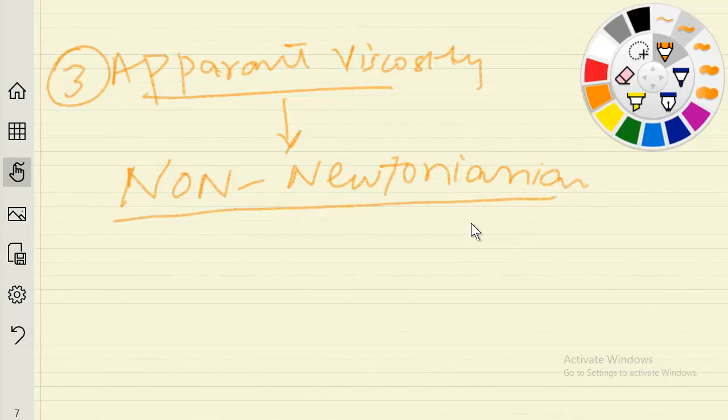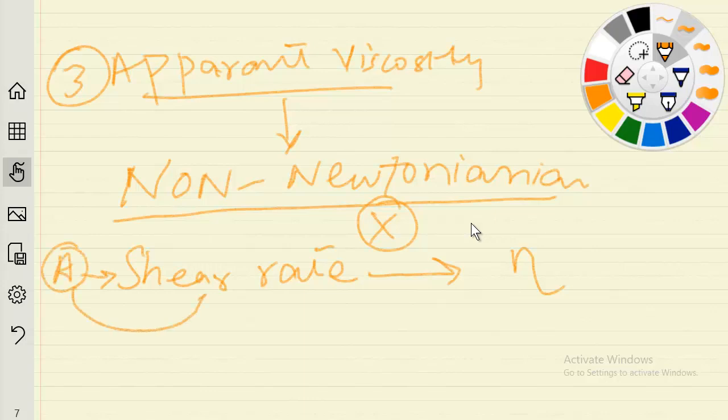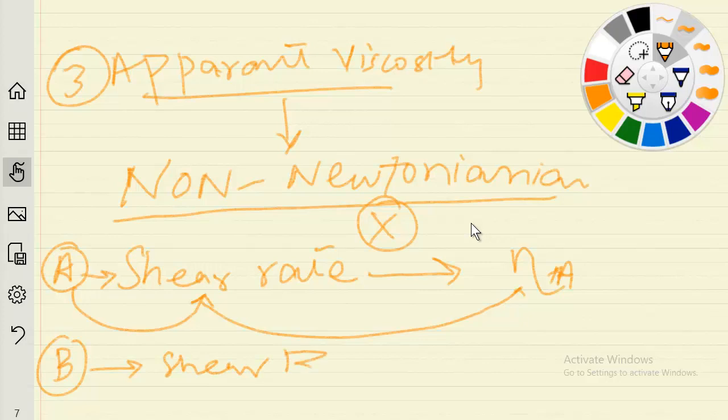For example, for an applied shear rate of value A for a particular fluid X, there is going to be a particular apparent viscosity, which can be called eta A. For B amount of shear rate, it will have a different value of apparent viscosity, which may be termed eta B. So for every value of shear rate, there is going to be a separate value of viscosity that can be termed apparent viscosity.